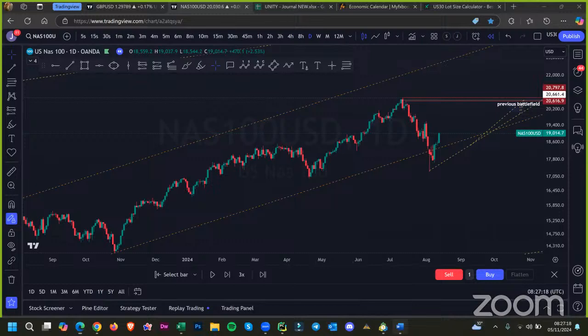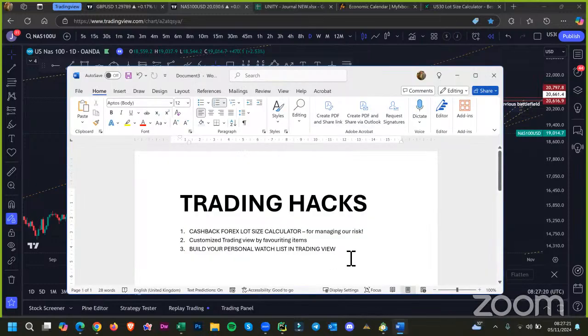Let's go back to our little list over here. Build your personal watch list, flag pairs which are bullish or bearish based upon inside outside candles.